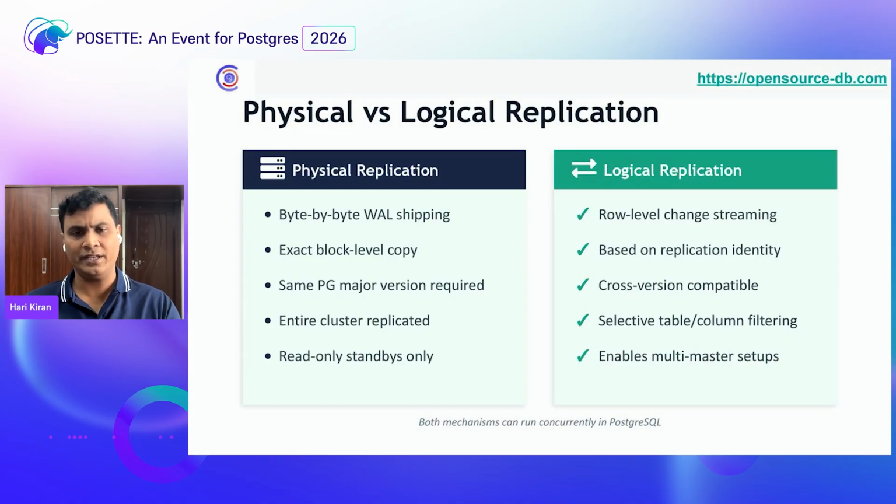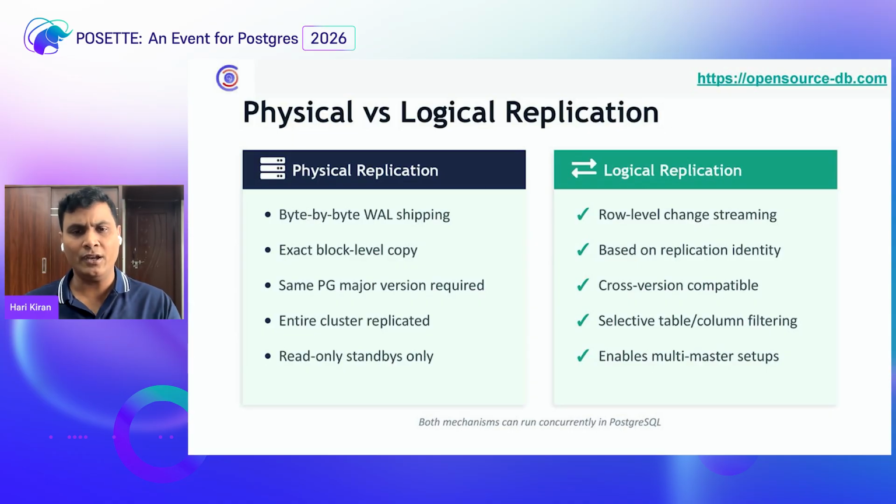Everybody would have seen physical replication, right? It is shipping the raw WAL bytes from primary to standby. It's an exact block level copy, which means the standby runs the same major Postgres version. You replicate the entire cluster, and the standbys are read only.